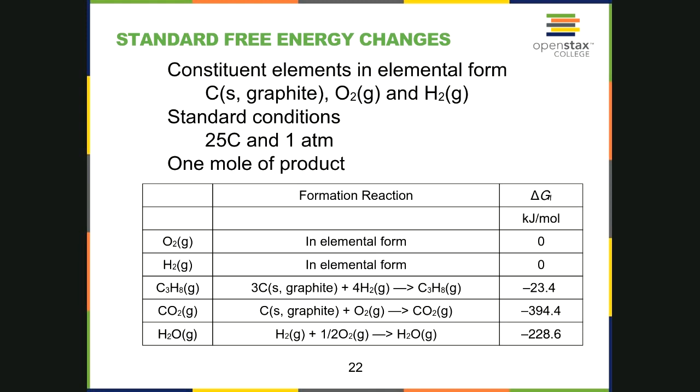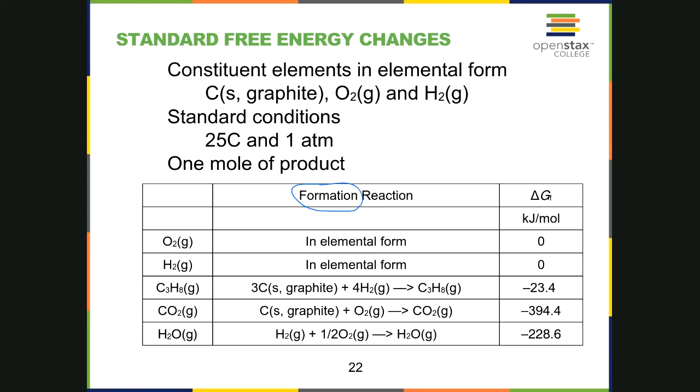So this is the Gibbs free energy of formation. And this is similar to when you did enthalpies of formation in Chem 140. The idea is these are formation reactions, so you're forming something.